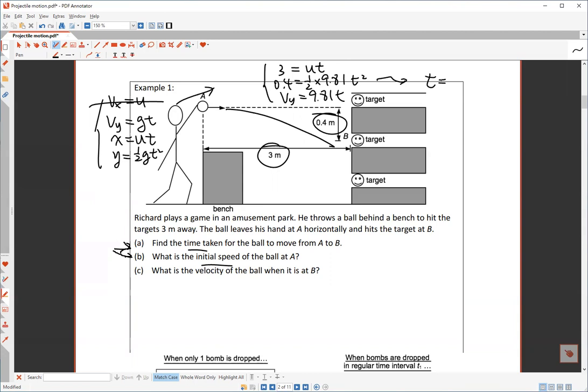So the time is 0.286 seconds. Then you use the first equation to solve u. That's 10.5 meters per second. Then you have solved part A and part B.